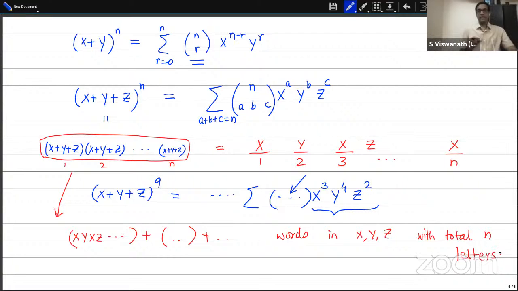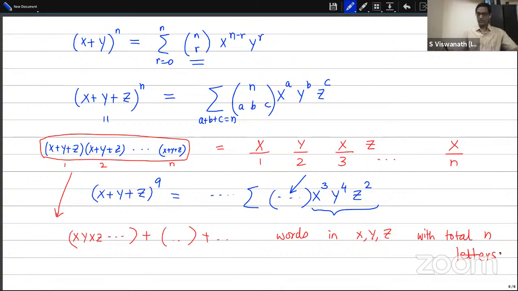Now I'm just writing the word in the same order. Of course we know x, y, x is like x square y, and I can put the x's, y's, and z's together finally. But for now, let's write it in the same order so that we remember what we pulled out from the first bracket, the second bracket, and so on.